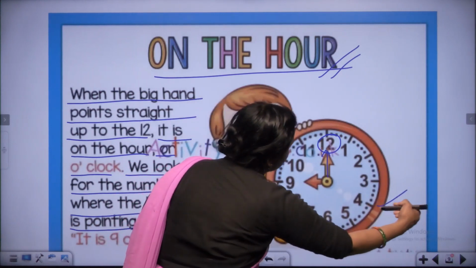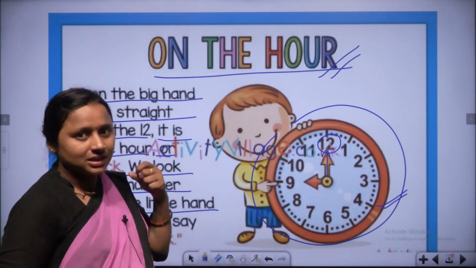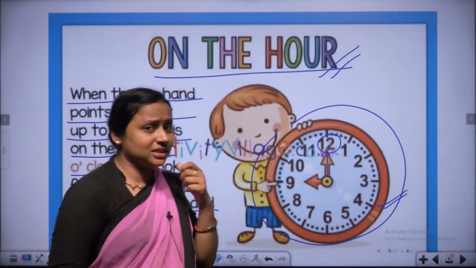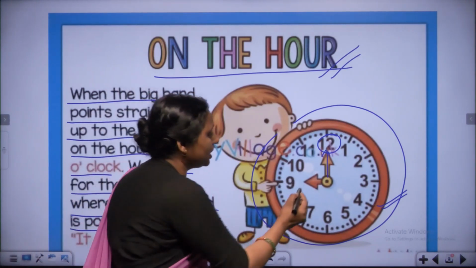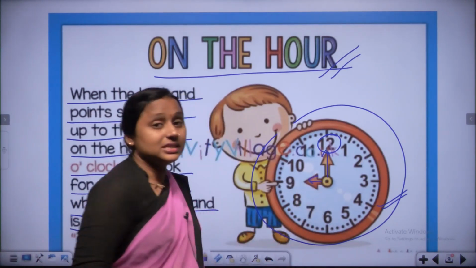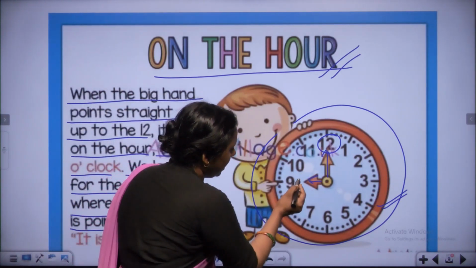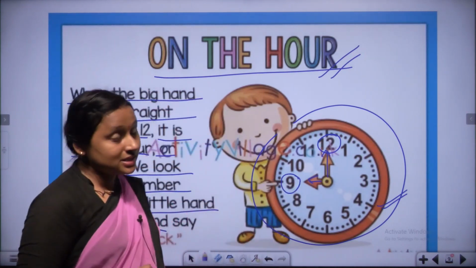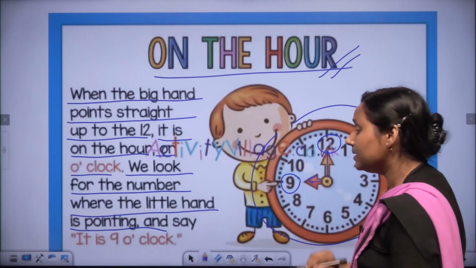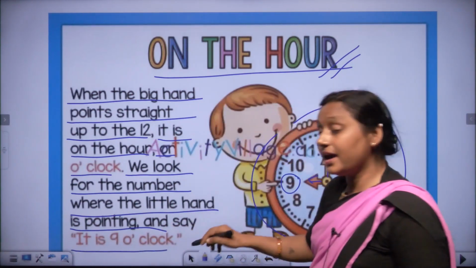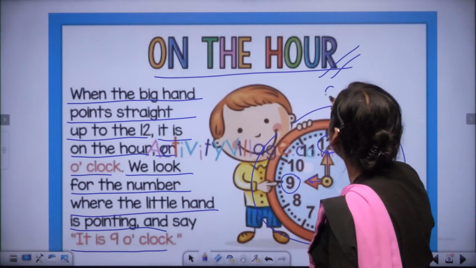And say, where is the little hand, children? Look at the clock. All of you see the clock, children? Yes, you can see. Can you tell me where the little hand is? Okay, little hand means hour hand. Where does the little hand go? Yes, where is it? 12 means o'clock and 9 means it is 9 o'clock.